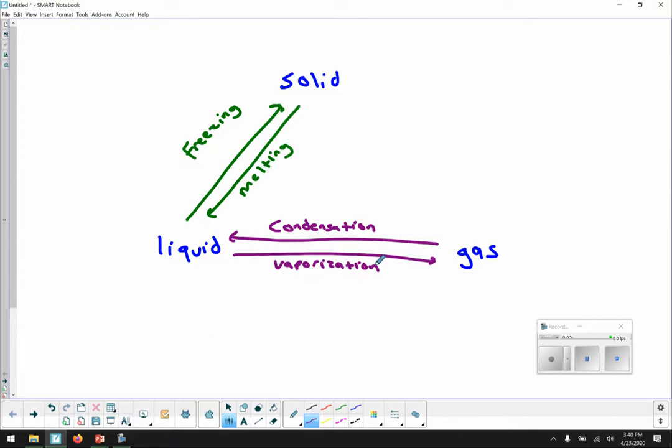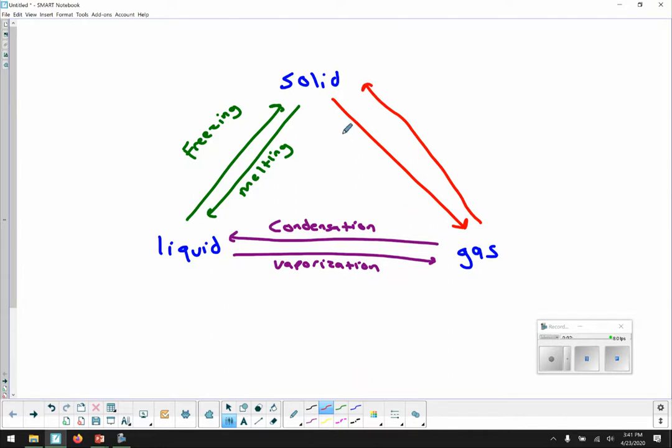Now, I'm going to talk briefly about 2 other types today in the PowerPoint, and then we'll talk about things like a phase change diagram and triple point, and a couple of terms you might not have been super familiar with. But there are phase changes between solid to gas. It can and does happen, and many of you have probably actually seen it happen, although it's not super common in our everyday lives.